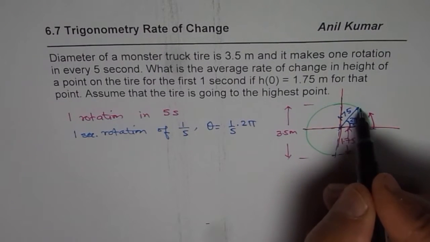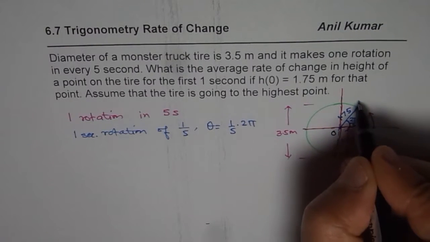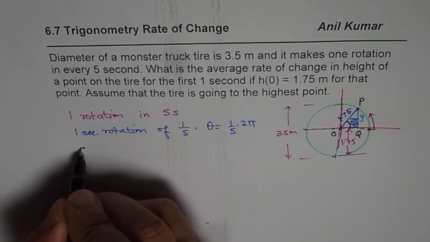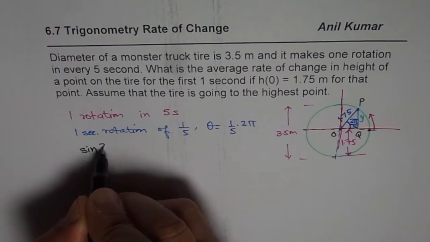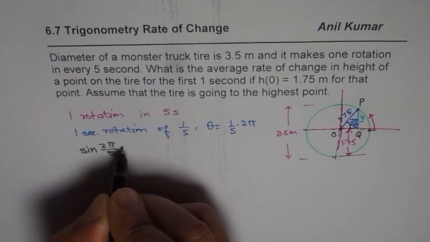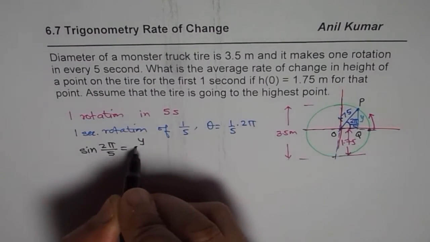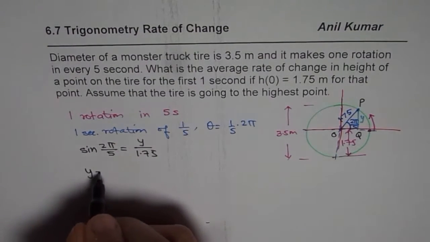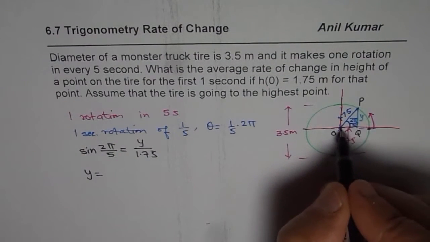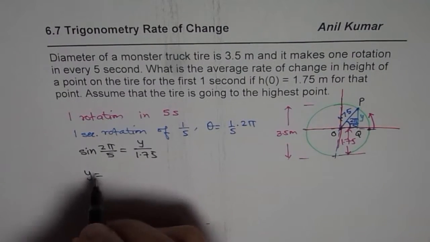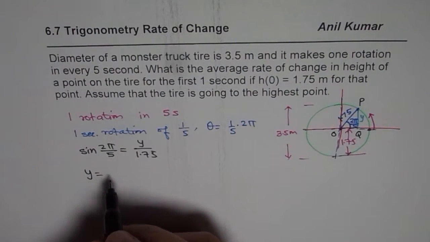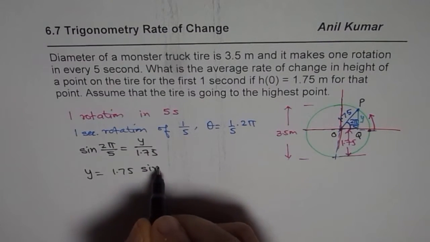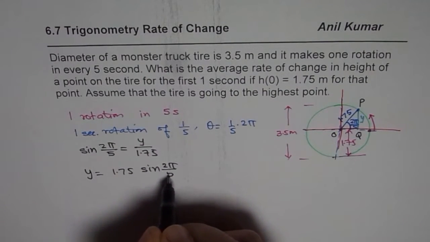From this triangle OPQ, we can say that sine of 2 pi by 5 is equal to y over 1.75. So from here we can calculate this point's height with reference to this line. The height y will be 1.75 times sine of 2 pi by 5.